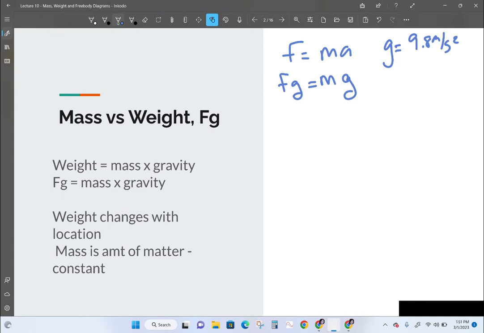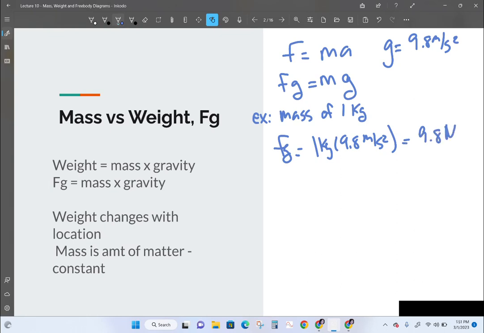We're just going to look at the absolute value. So, for example, if I have a mass of 1 kilogram, its weight is 1 kilogram times 9.8 meters per second squared, which is 9.8 newtons.